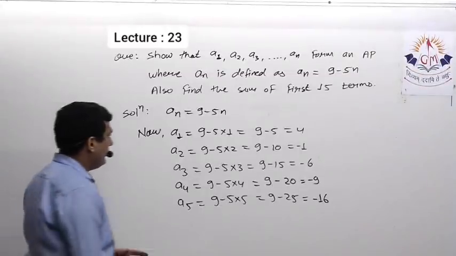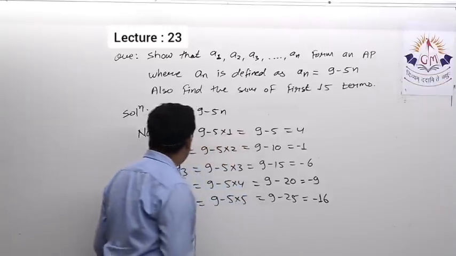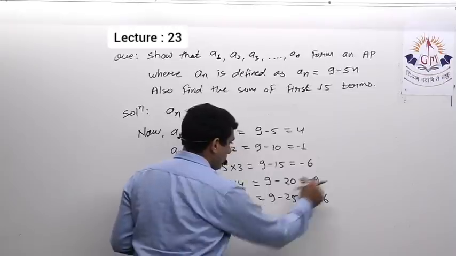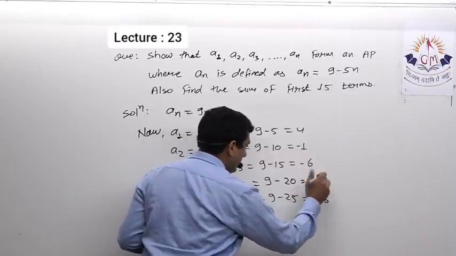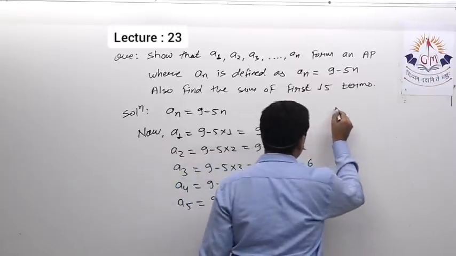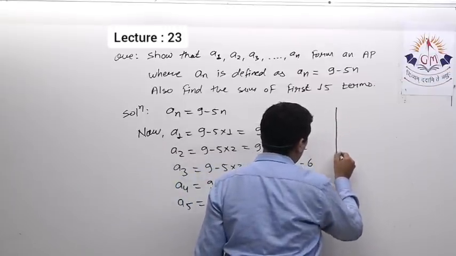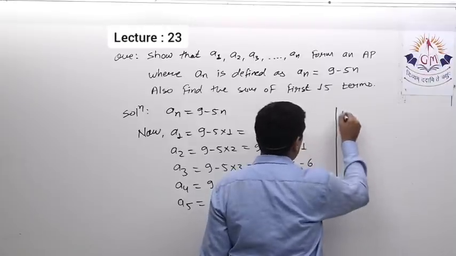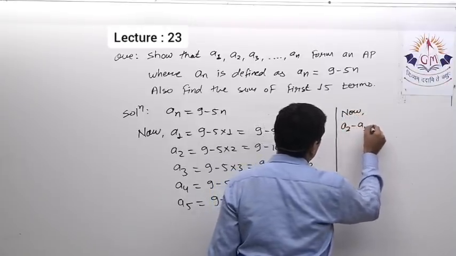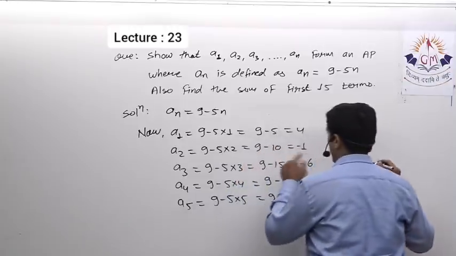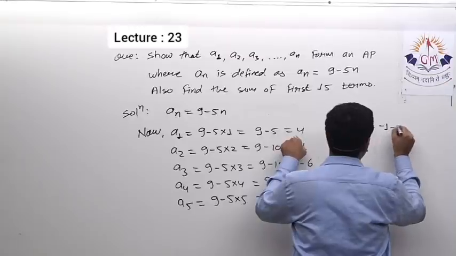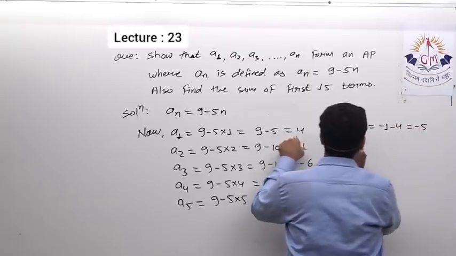Okay, so now we'll check whether the difference is the same or not. First of all let me correct this, it should be minus 11. Now we'll check the difference of consecutive terms. A2 minus a1, a2 is minus 1, a1 is 4, so that is minus 5.